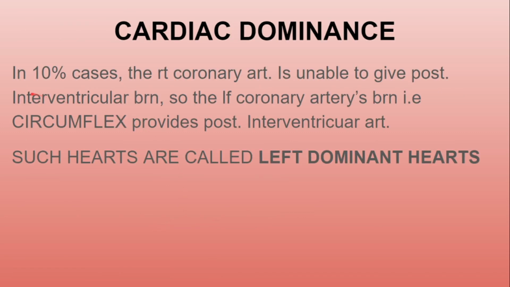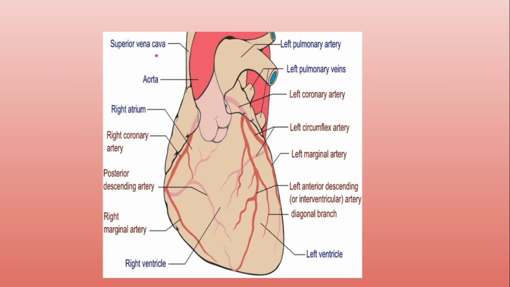Now cardiac dominance. In about 10% of hearts, the right coronary artery is rather small or is not able to give the posterior interventricular branch. If you remember, the right coronary artery actually gives the posterior descending artery, this one. But in some cases, the right coronary artery is not able to give the posterior interventricular branch.